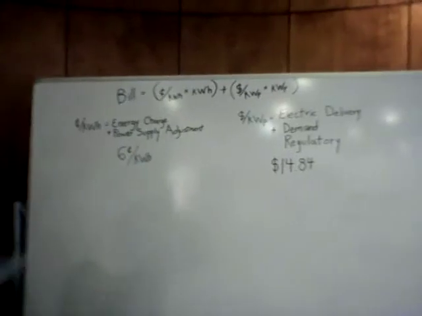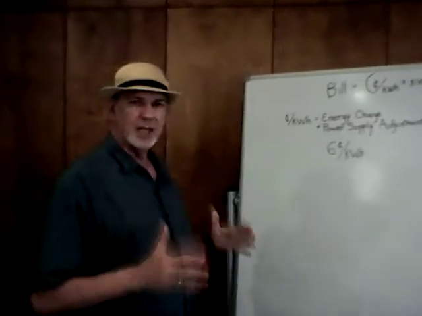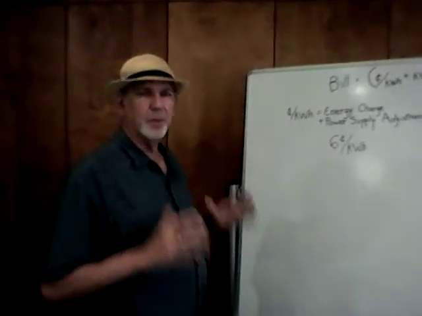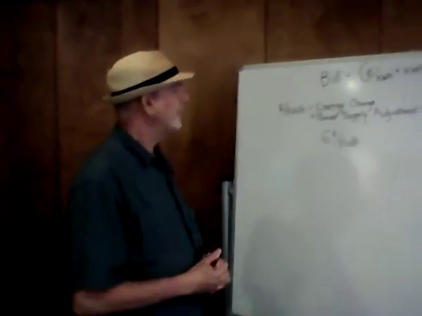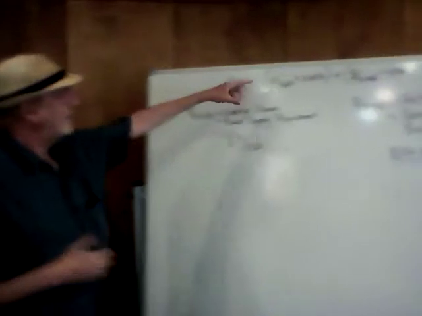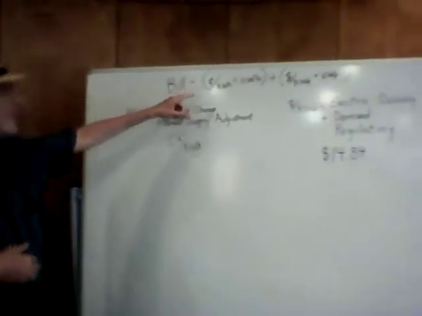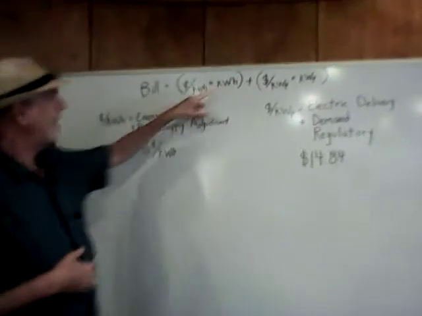So here we go. Number one, the electric bill every month is really the sum of two products. A product is one number multiplied times another. So the formula for the bill is pretty simple. These are the two numbers that sum together.